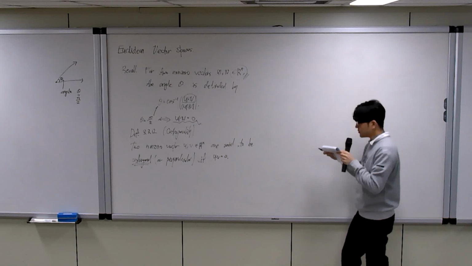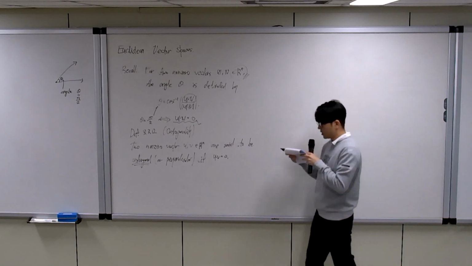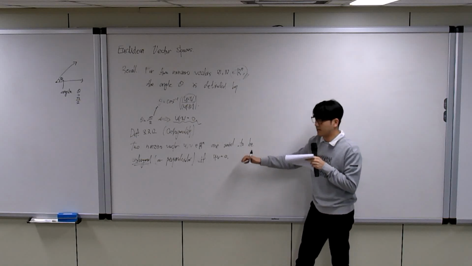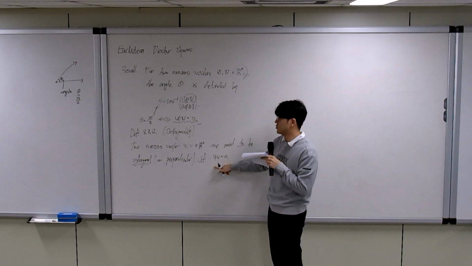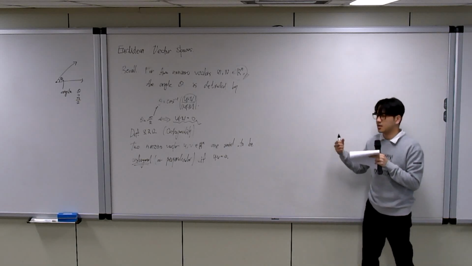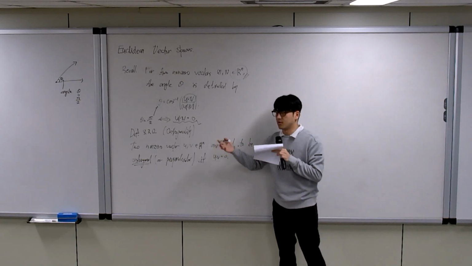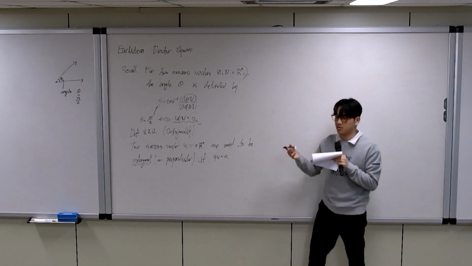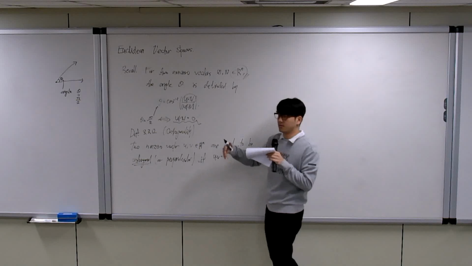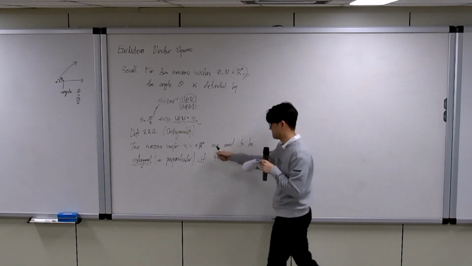And so if you see the definition, if you choose the zero vector, then we will agree that the zero vector is also orthogonal to every vector in R to the n.